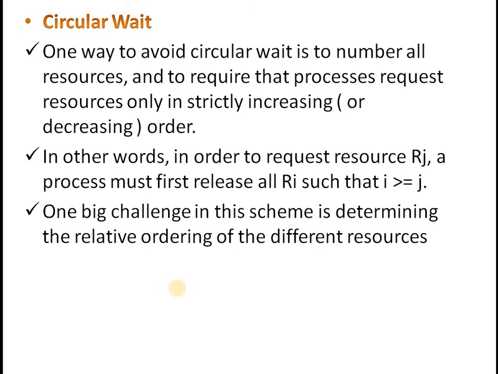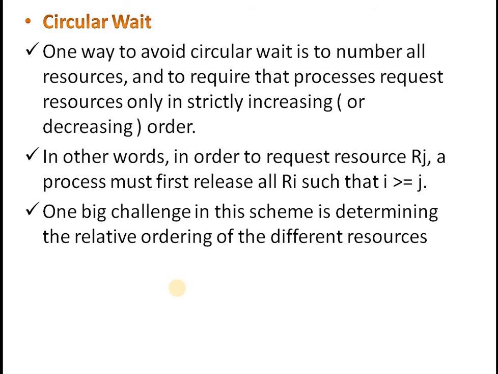A process needs to request all the required resources in numerical ascending order during its execution. In short, one way to avoid circular wait is to number all resources and require that a process requests resources only in strictly increasing order.